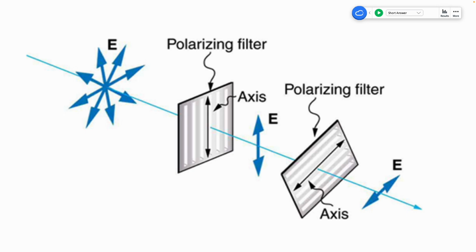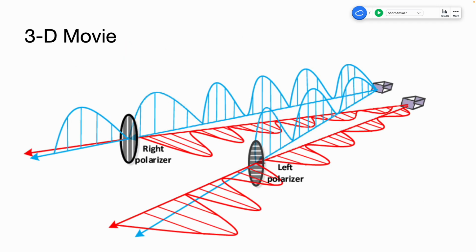So this has some applications. One application is the 3D movie. The 3D perception that we can see is caused by having two eyes. If you cover one eye, you will have a hard time judging the distance of an object.